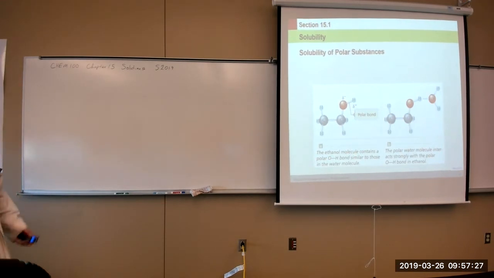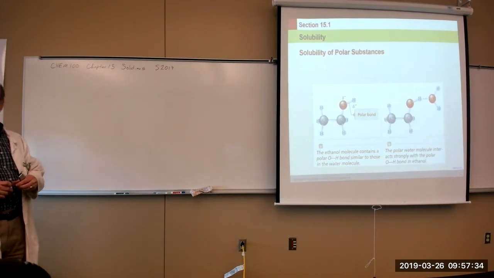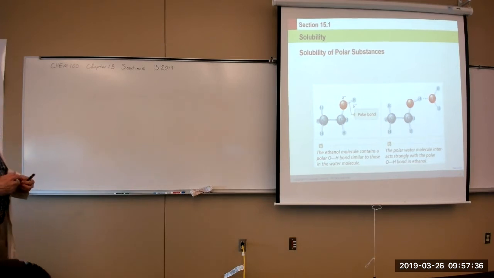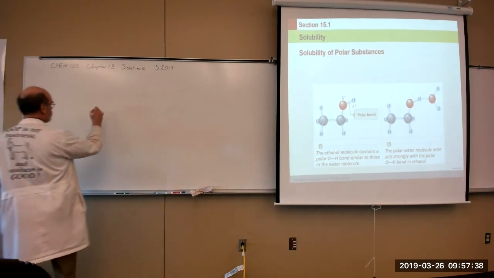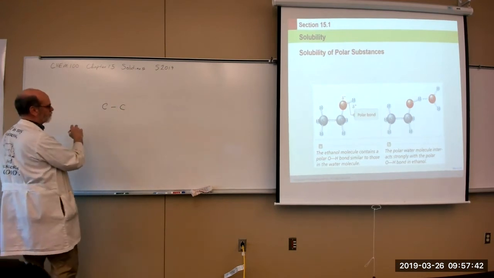Now, for substances that are not ionic, you look for polar bonds. How do we know they're polar? Well, for this one, we've got ethanol.